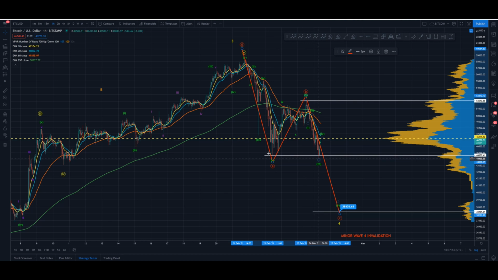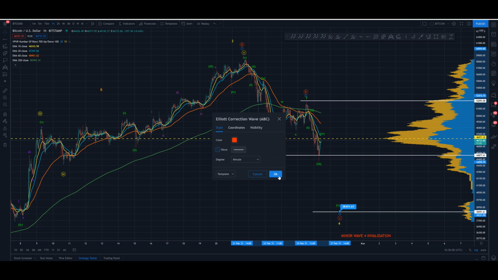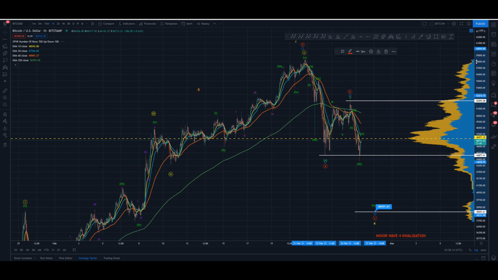Right? We made a lower low. So the only way to invalidate it is to take out this pivot here, recount, and see what we're dealing with. Otherwise, I think we're heading lower. So that's what I'm betting on for the meantime. And that might be a quite nice buying opportunity if we make it all the way back down to the high 38,000s. I was about to say hundreds then.